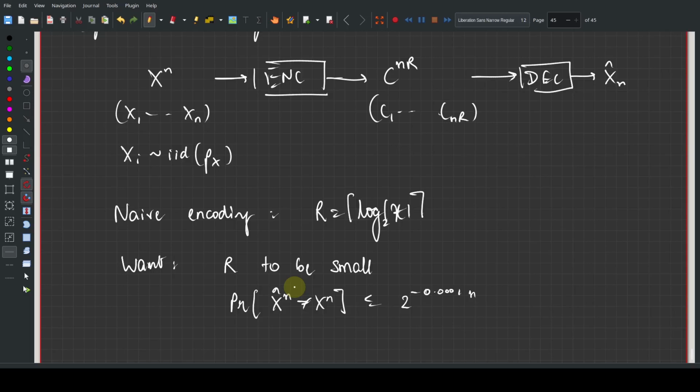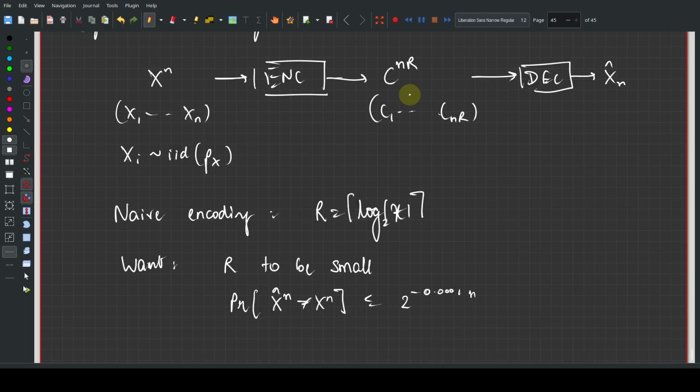So one thing to do is to list all the sequences in decreasing order of probability, and then choose the top certain number of sequences. You choose as many sequences as possible as long as the probability of error is small, not too large. And then you try to find out the number of sequences you can encode. You list all of those sequences and store them using nR bits.